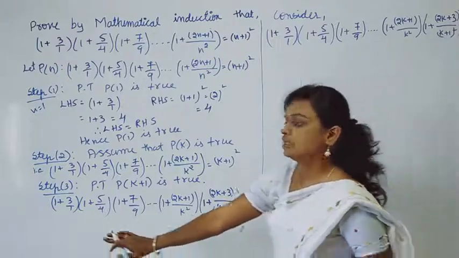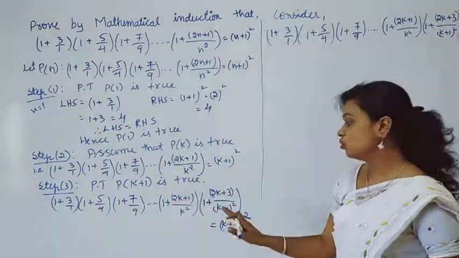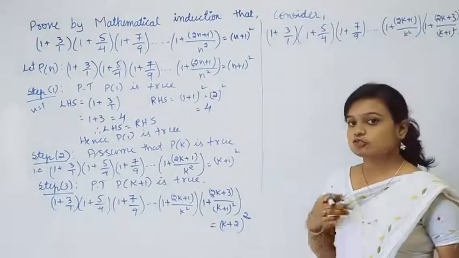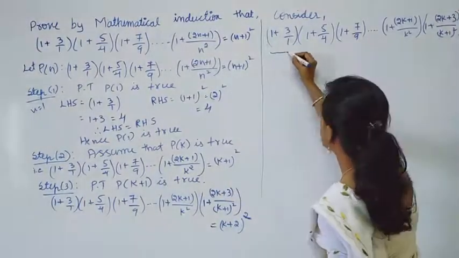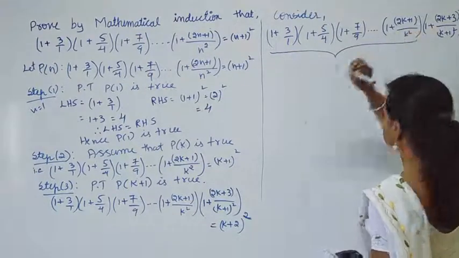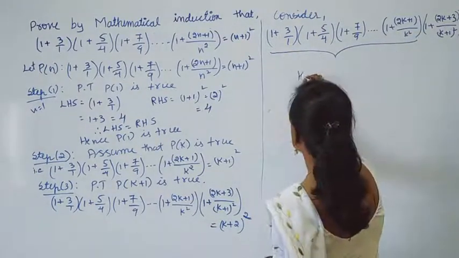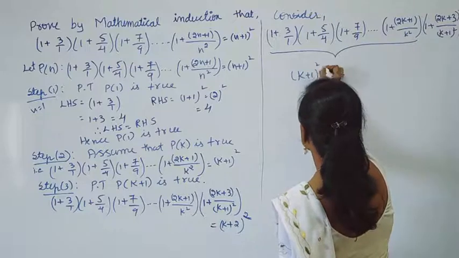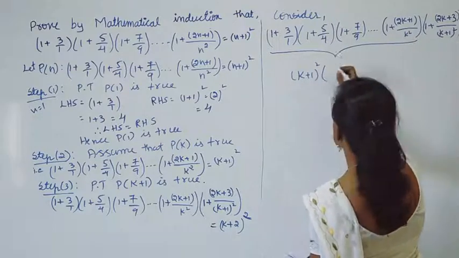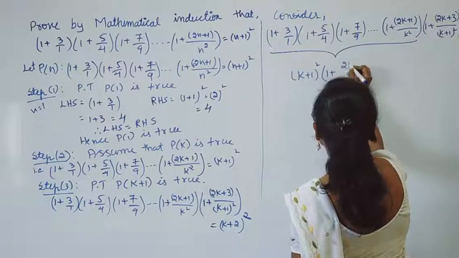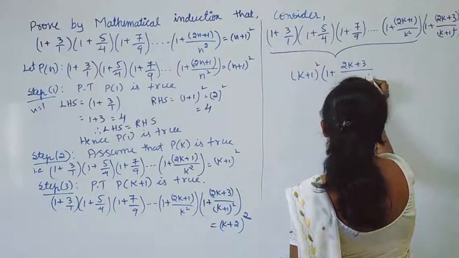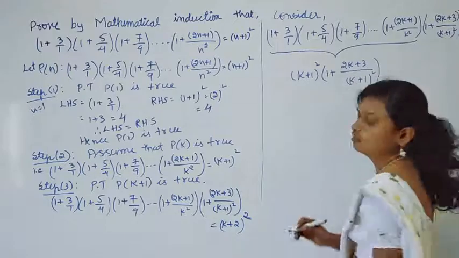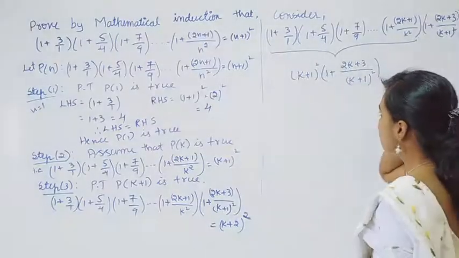I consider this LHS. I have to prove this is equal to (k + 2)². So from step 2, up to the kth term is equal to (k + 1)², into the last term 1 + (2k+3)/(k+1)². Okay. So now what is the LCM?